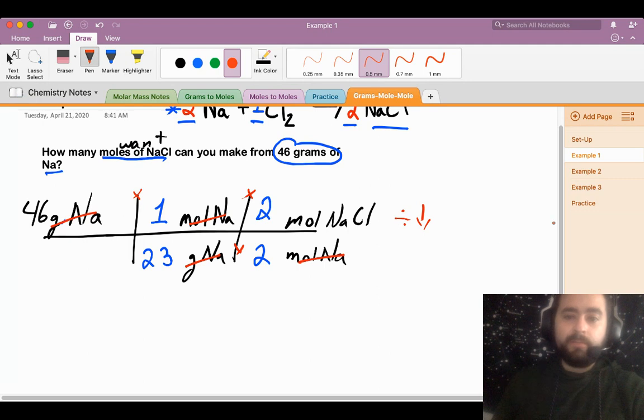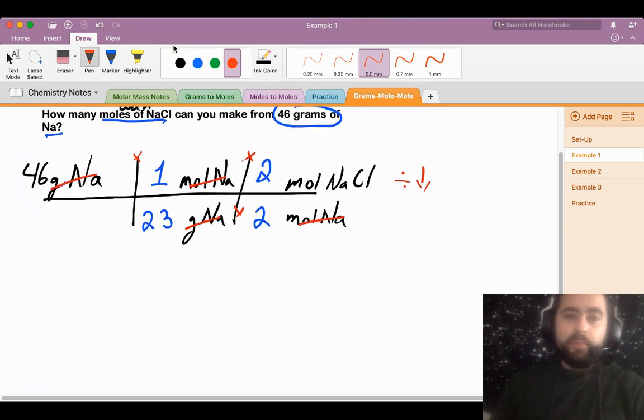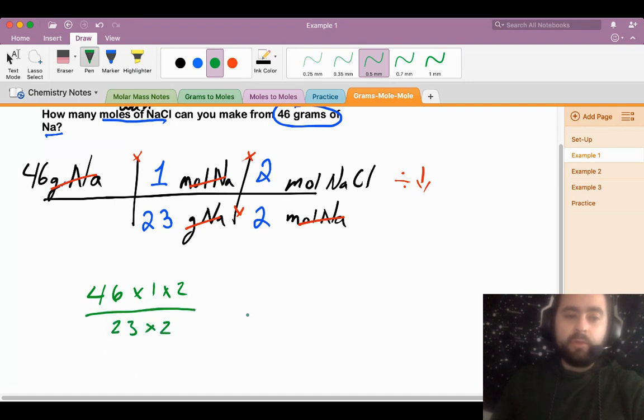So from the top, I have 46 times 1 times 2 divided by 23 times 2. So now I have 46 times 1 is 46. 46 times 2 is 92. Divided by 23 times 2 is 46. Plug this in, 92 divided by 46 will give you 2.